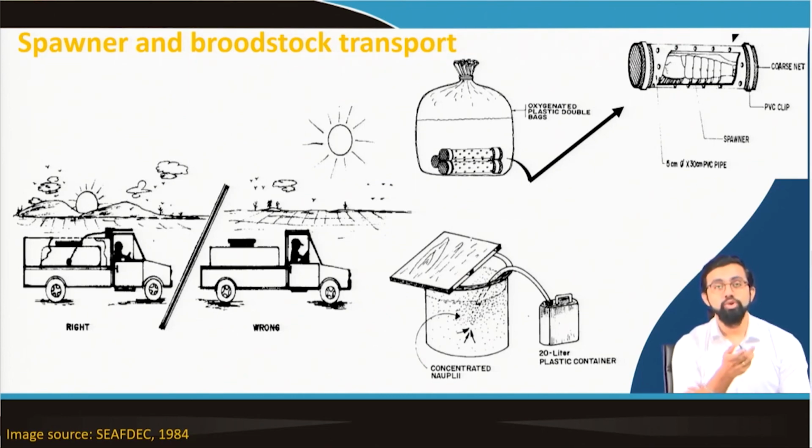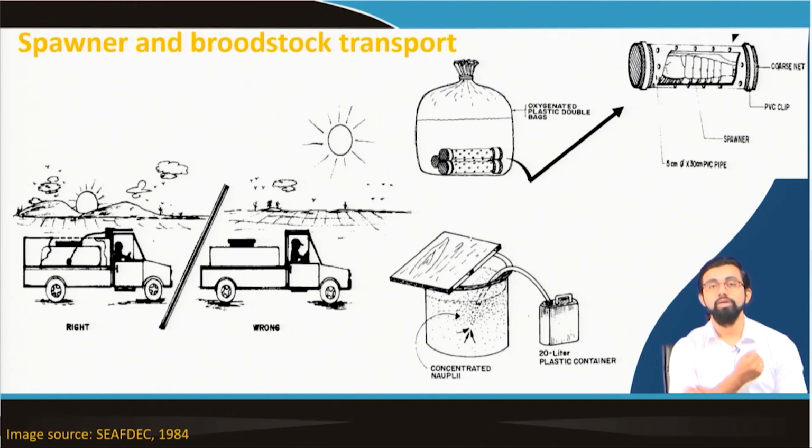The spawner and broodstock transport is very important, and if you see in the picture on the left, what is the right time for transport? Definitely at sunrise or at sunset. They are still not at their high active stage, and sunlight exposure in broad daylight will cause some anxiety and additional stress to your broodstock.